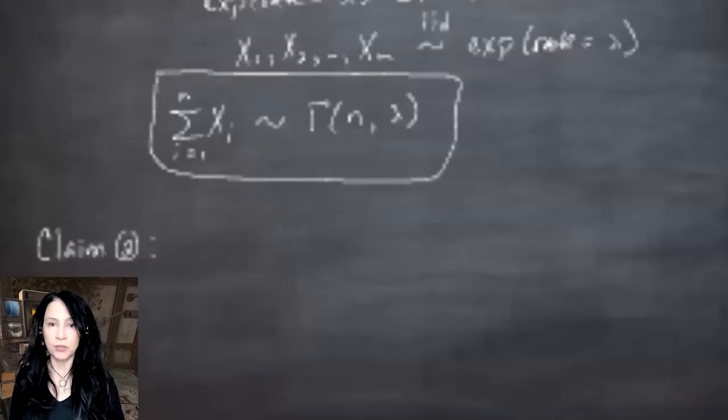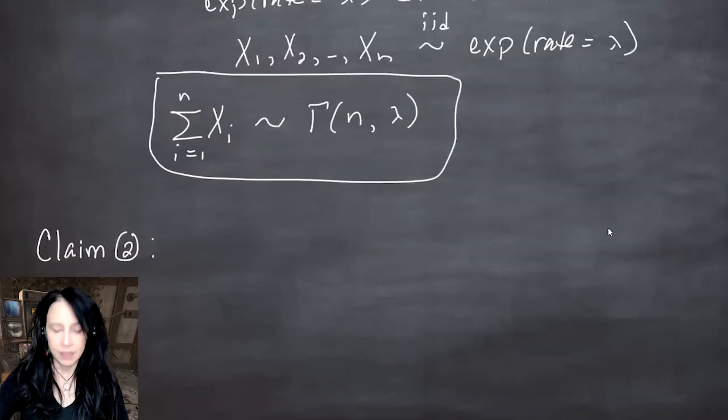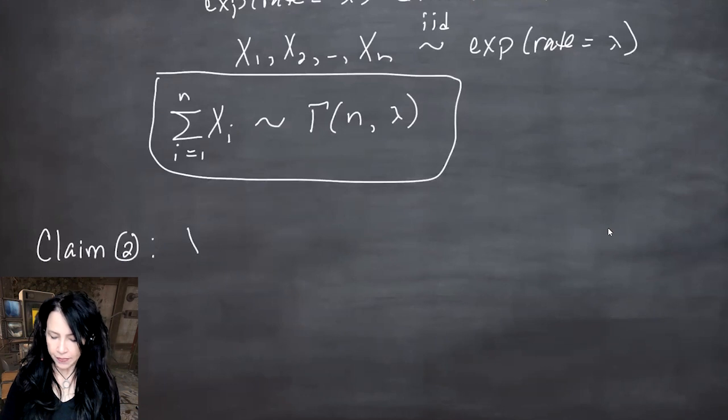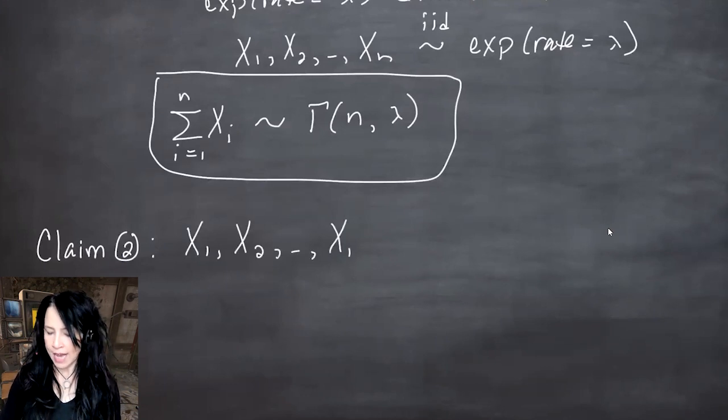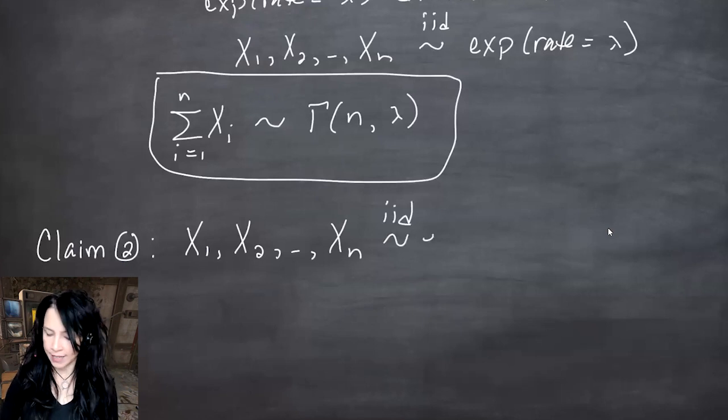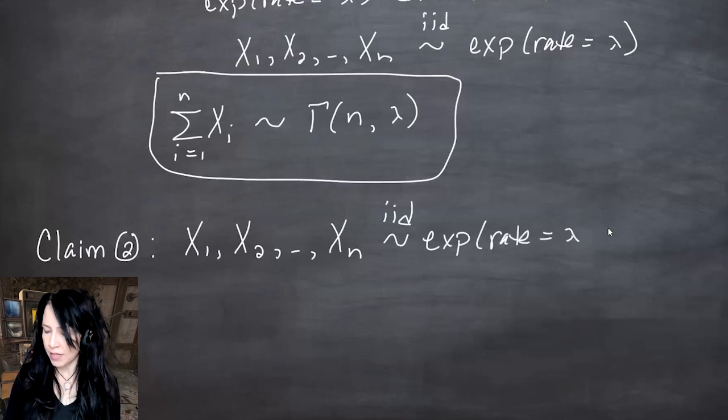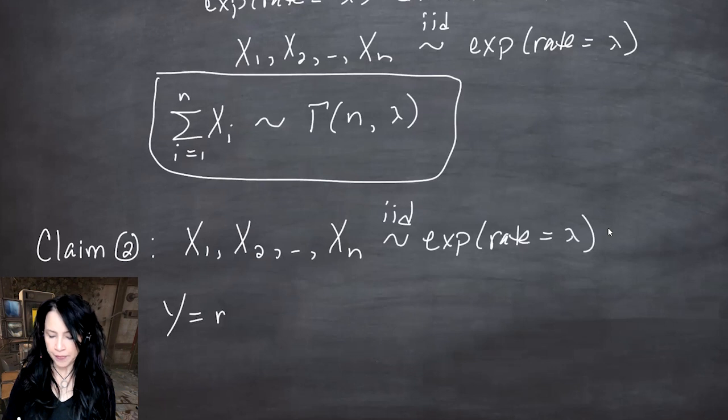Okay, so claim 2 is that if you take x1, x2 out through xn, independent and identically distributed, so IID, exponential with rate lambda, and you look at the minimum, so define y to be the minimum value.